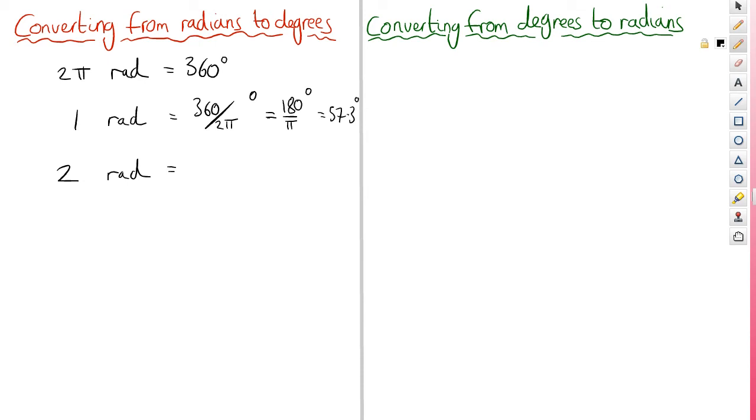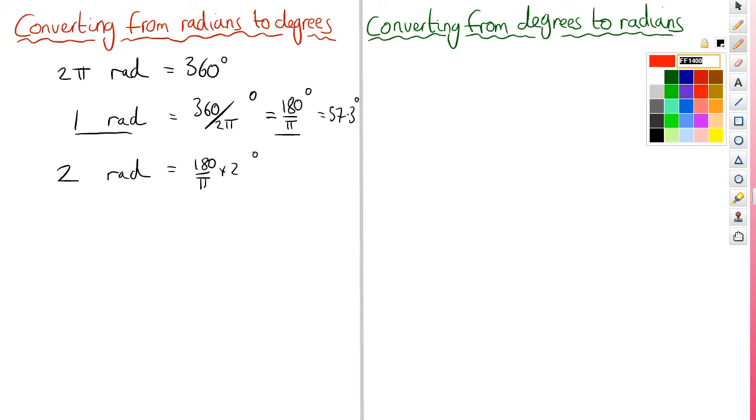So 1 radian is 180 degrees over pi. That means 2 radians would simply be 180 over pi times 2 degrees. And of course we can just generalise that now for x radians.